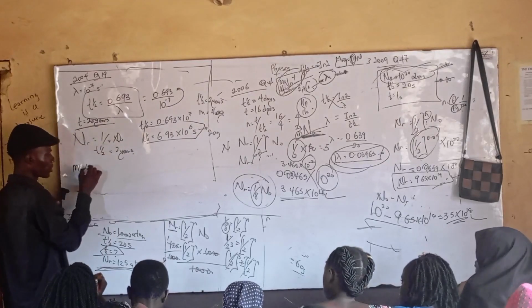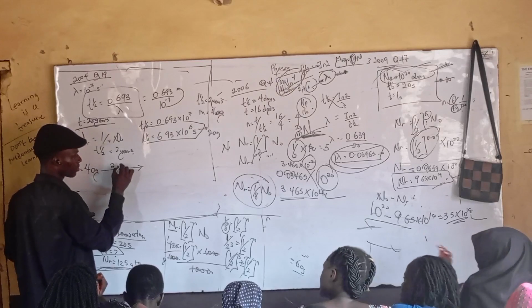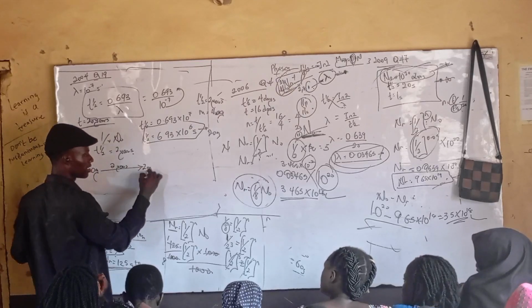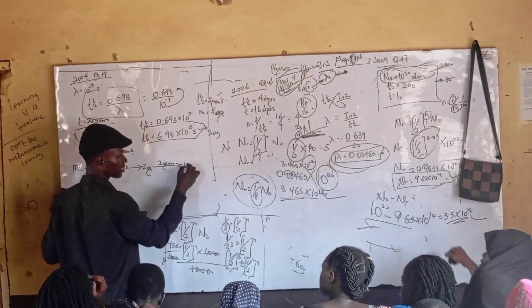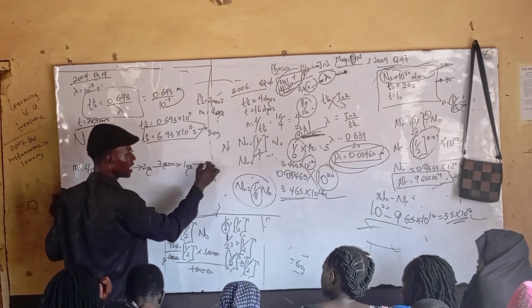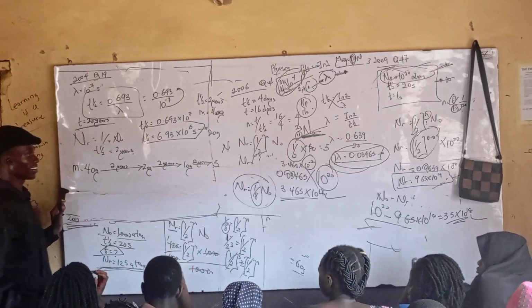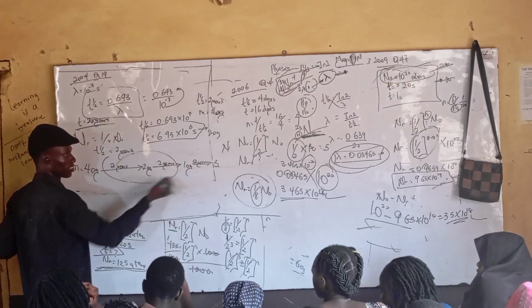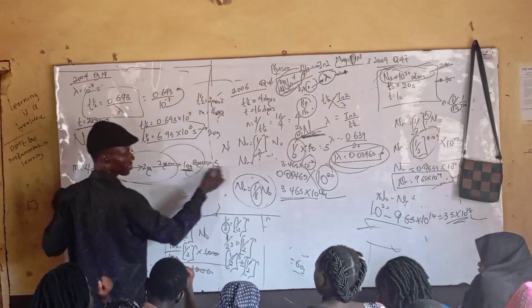Initial mass is 40 grams. In 2 years, how much will remain? 20. Yes. In another 2 years, how much will remain? 10. Yes. In another 2 years, how much will remain? 5. So in 4 years, how much is left? 10 grams. In 6 years, how much is left? 5.